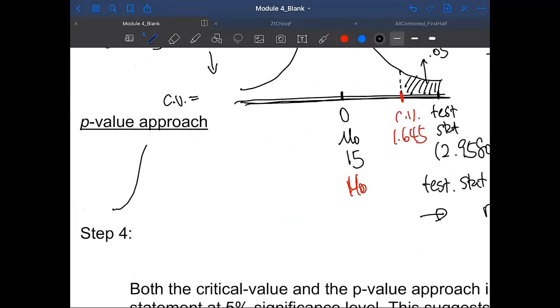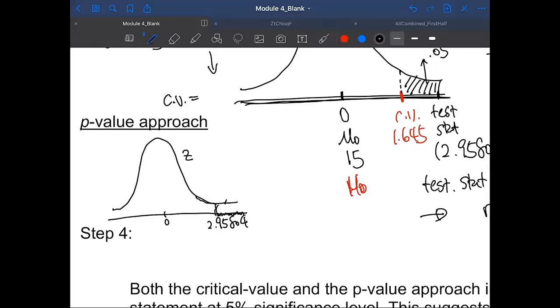So first you draw the bell curve. This is 0, this is z, and we're going to start with the test statistic, 2.950804. How do you find the probability then? For an upper tail test, you just have to find the area to the right of the test statistic.